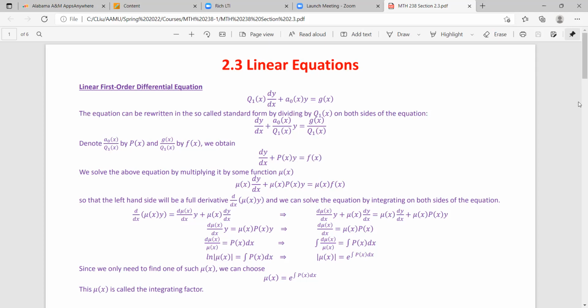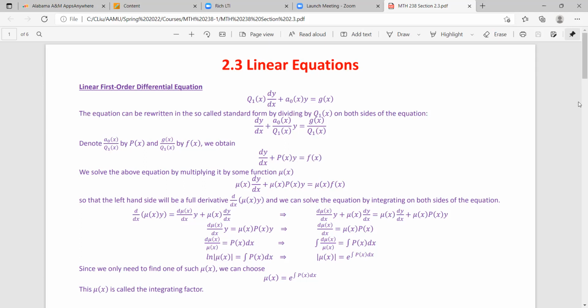We would like to write down this equation in standard form. By the way, this is a linear first order differential equation. We just talk about first order differential equations right now. Once everything becomes higher order, it becomes much more complicated. So we're going to derive the formula for linear first order differential equations.